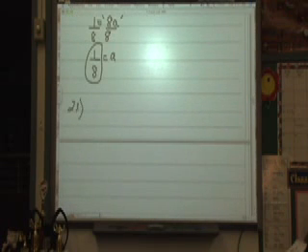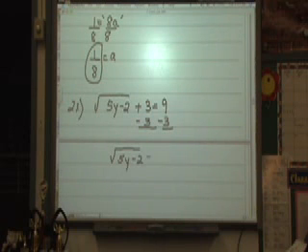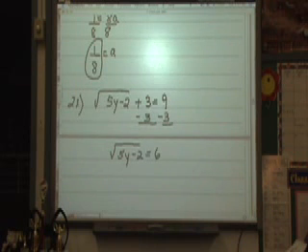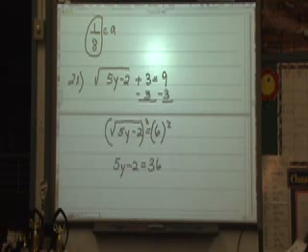21. The square root of 5y minus 2 plus 3 equals 9. Isolate the radicand, subtract 3. The square root of 5y minus 2 equals 6. Square both sides. 5y minus 2 equals 36.